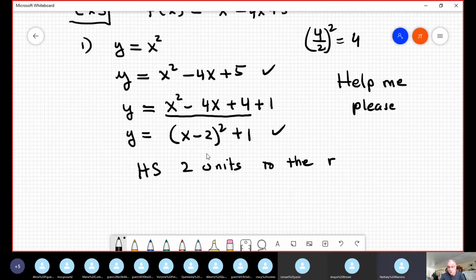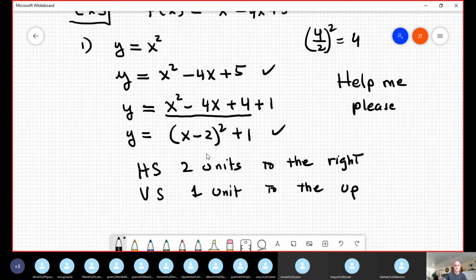To the right, because it's negative. And vertical shift, 1 unit, because of this plus 1. In what direction? Up. Super. Okay. Let's verify this idea in decimals, because I want to make sure.